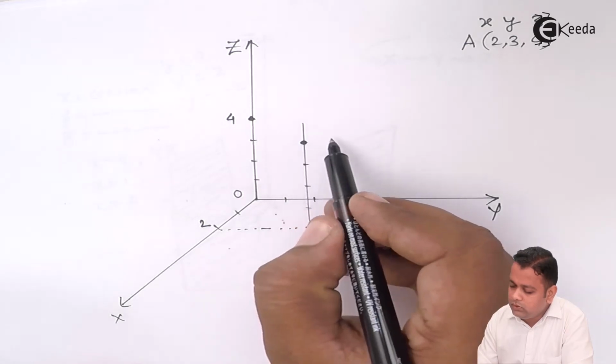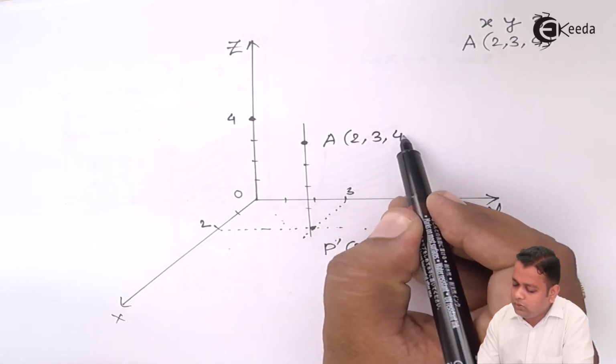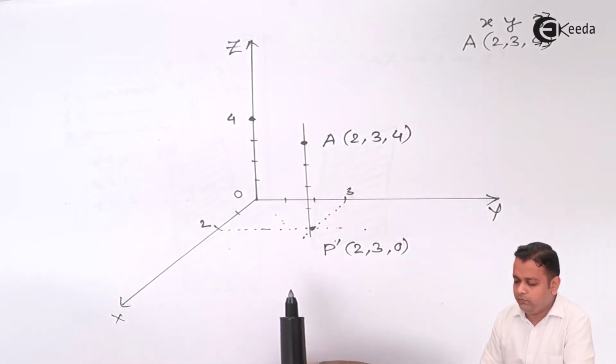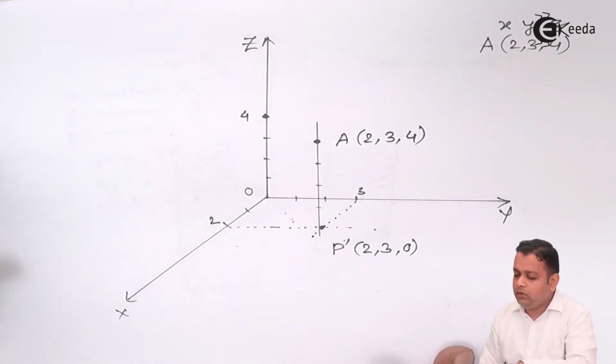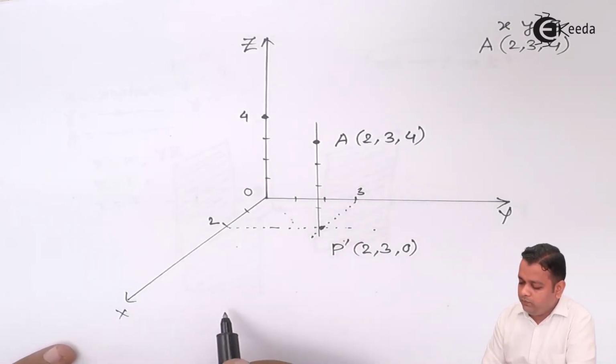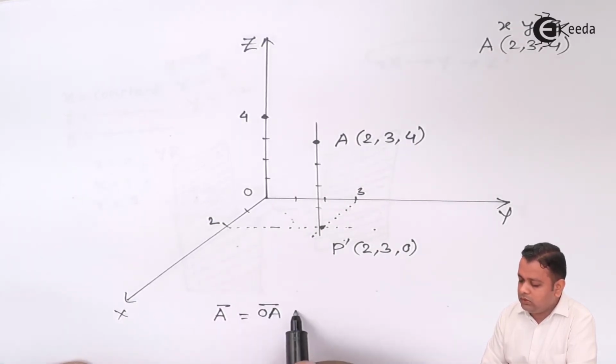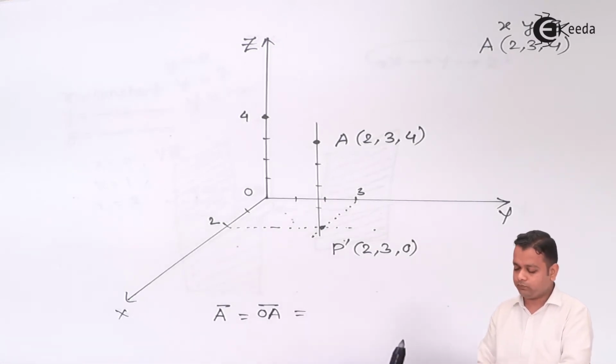Okay, so this is your point A having coordinates 2, 3 and 4. Now in terms of vector, if you have to represent A bar, so A bar or OA bar is one and the same representation.